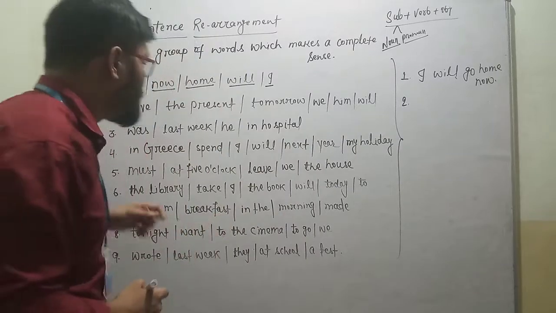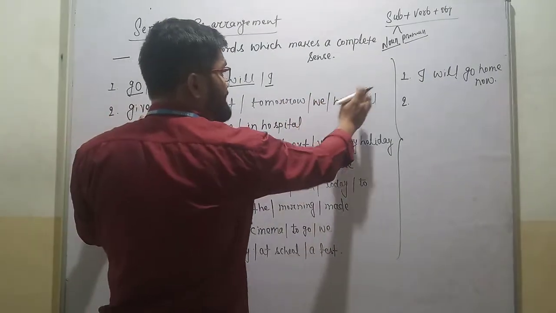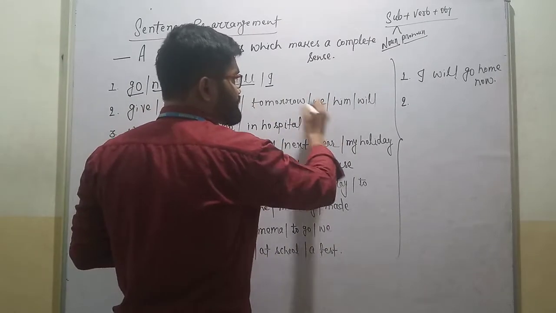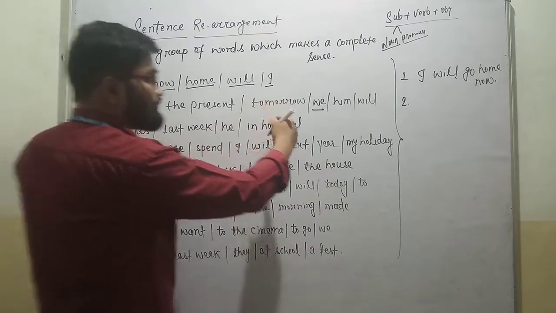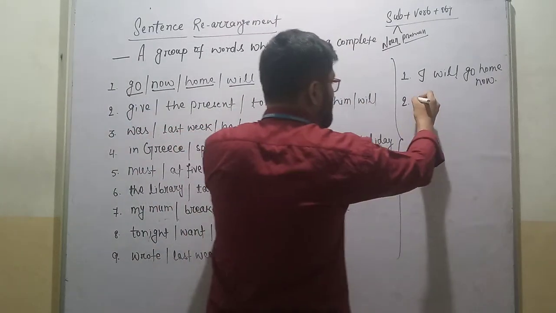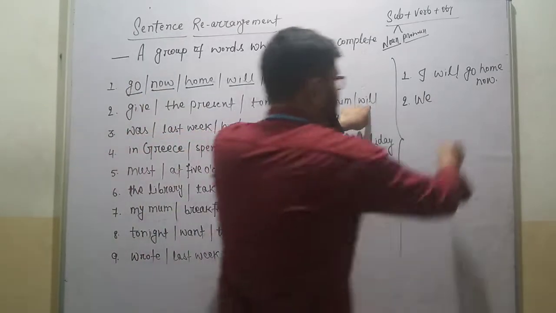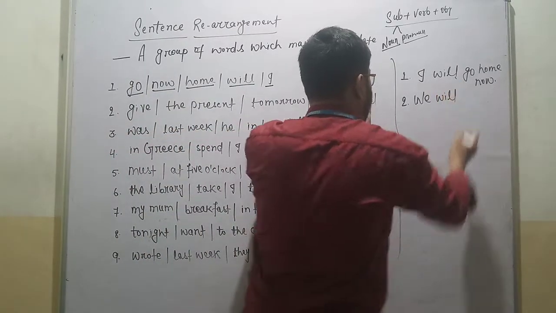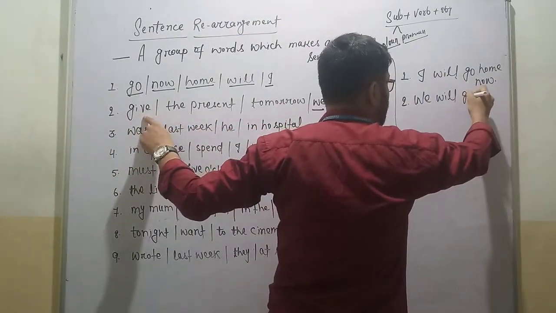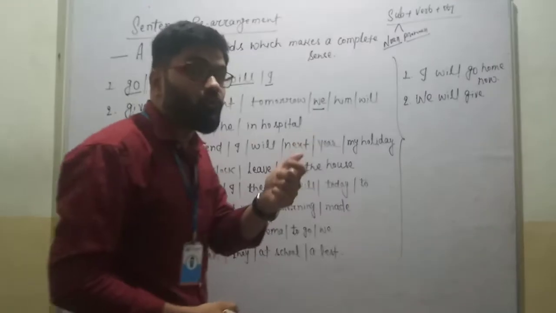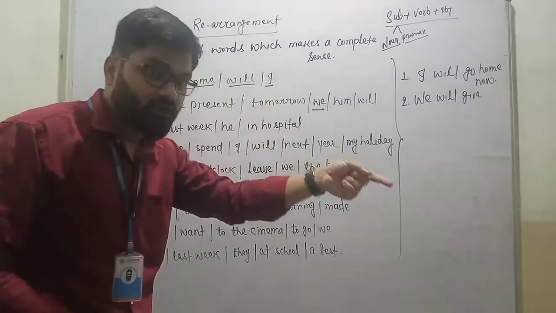Let's go for the second one: give, the present, tomorrow, we, him, will. Now here, we recognize we as a pronoun. Of course, we're talking about this verb. So let's start with we. Then after, the helping verb, we will. Then the action word, we will give. Whom? That is the indirect object, we should write that first. And then the direct object.